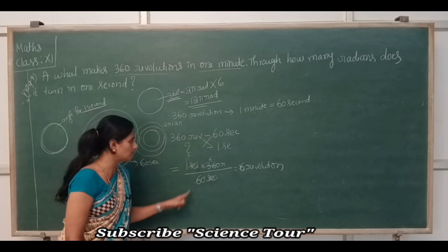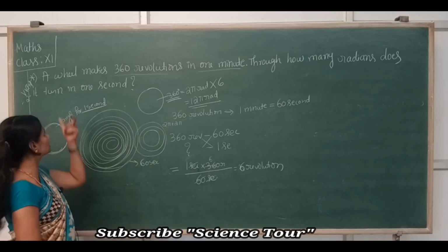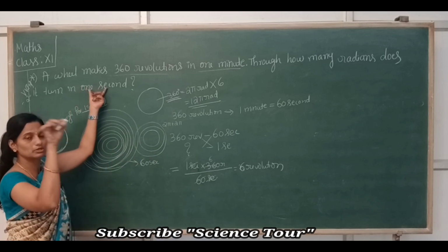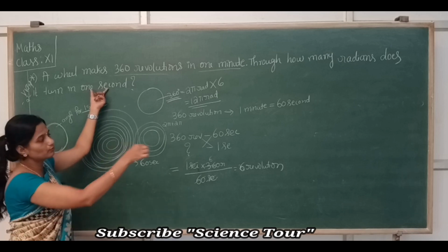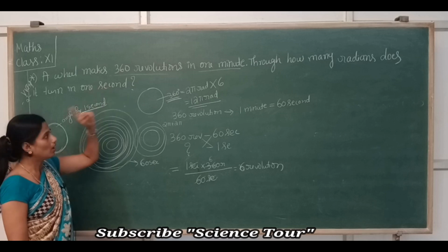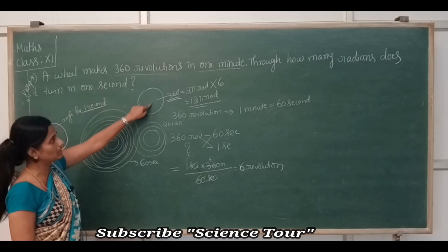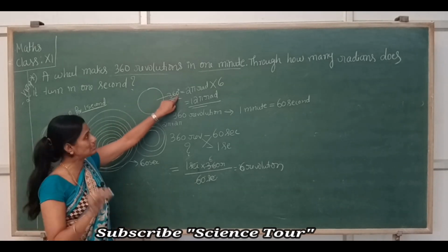So cross multiply, we will get 6 revolutions. How many revolutions does it take for 1 second? 6 revolutions. 6 revolutions means 6 rotations. Now the angle for 6 revolutions. Already you know 1 rotation or 1 revolution means 360 degrees, the angle of a circle.